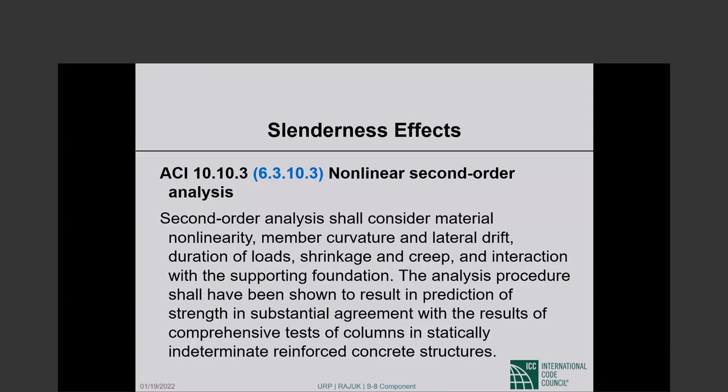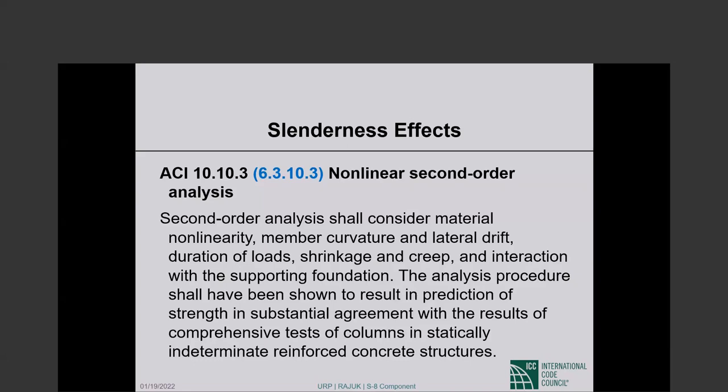What is described here, everything has been thrown in. Material nonlinearity, member curvature, lateral drift, duration of loads. Anyway, the nonlinear second order analysis that this is asking for cannot be done.